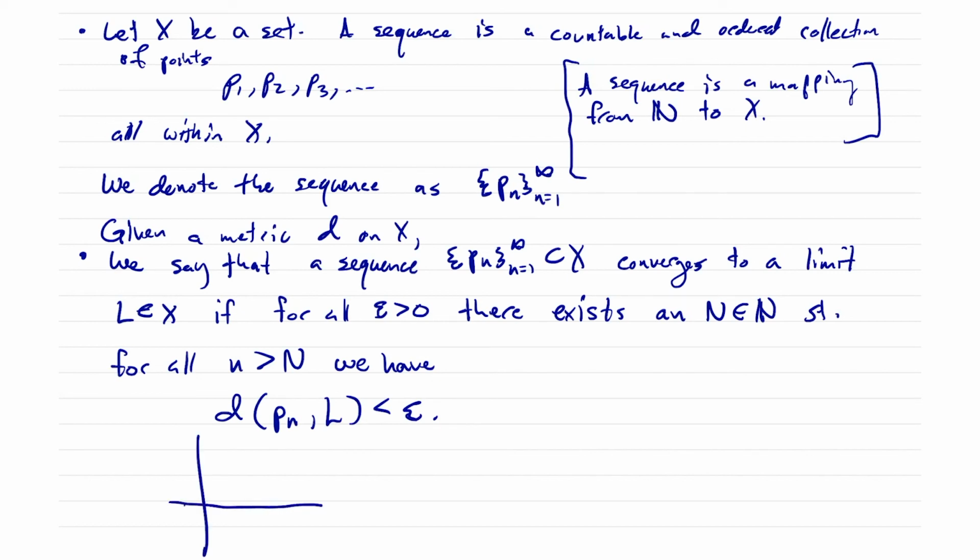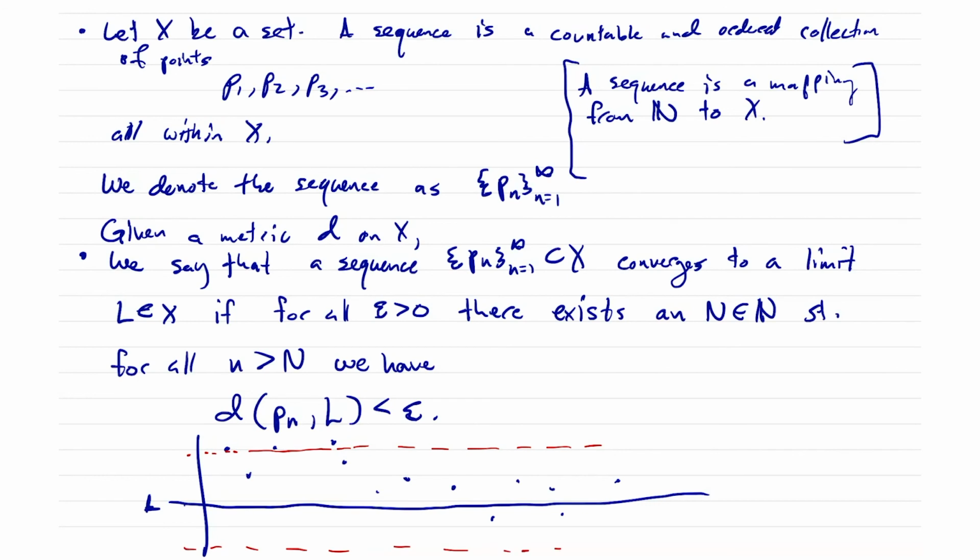Well, basically the whole idea is that if I were to write this horizontal line here as L, and we have a sequence of points, so here, basically we'd say, for instance, if I want to say that we're going to be within the threshold here, then it happens for all n bigger than this.